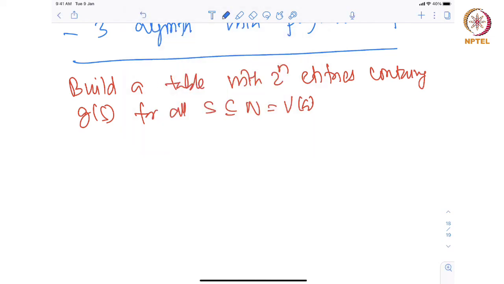And how will I build a recurrence? First of all, notice that G of empty is 0.